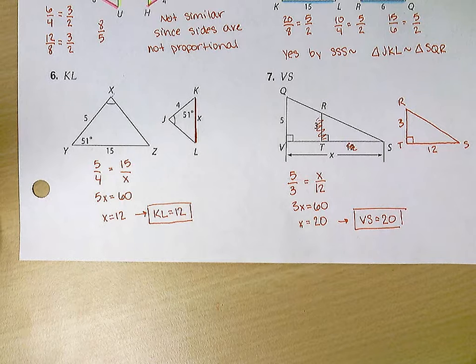Okay, so again, if it helps, draw that triangle, that smaller one, on the outside so you can go from one to the next as you do that. Okay, so again, you're just setting up those equal ratios in that proportion to solve. Questions on those two?